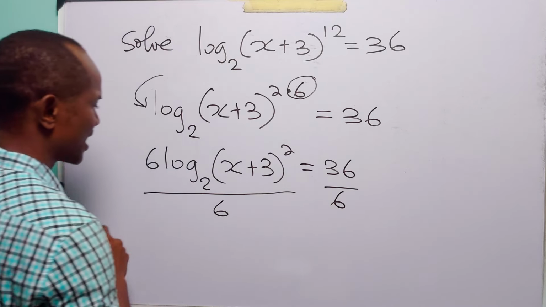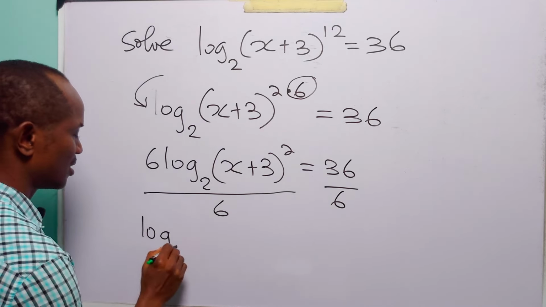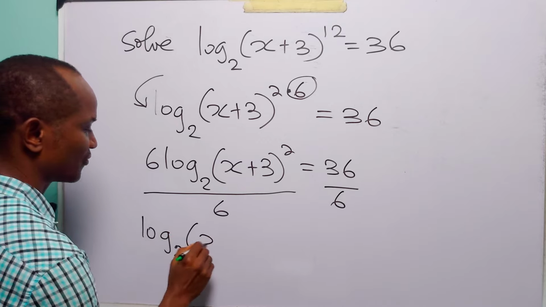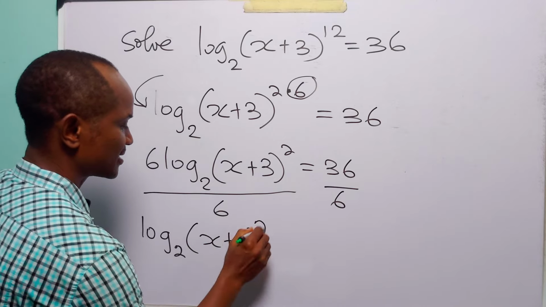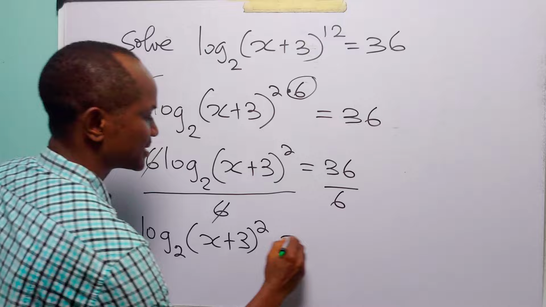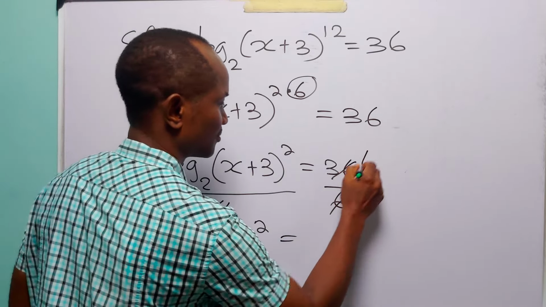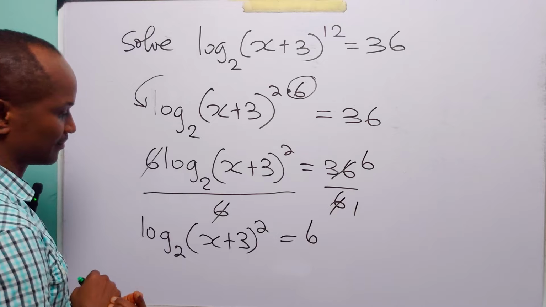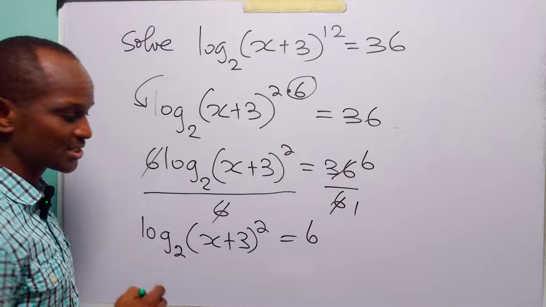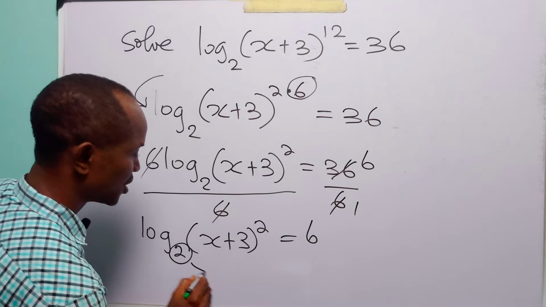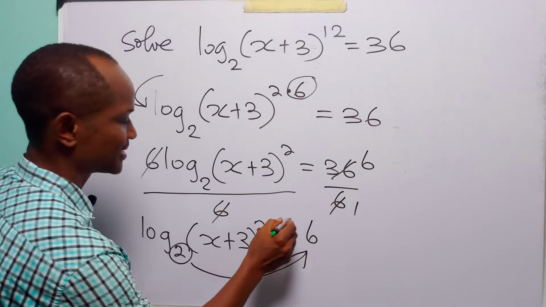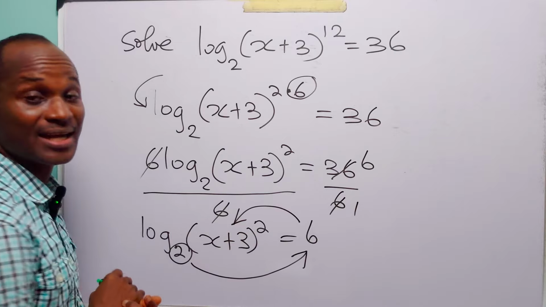And of course, from here we have that log base 2 of x plus 3 squared is equal to 6.